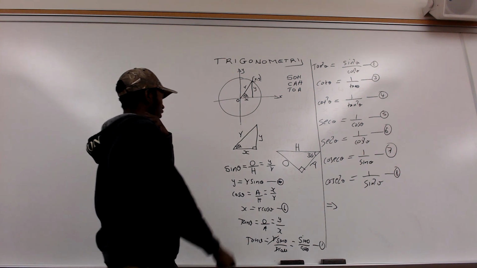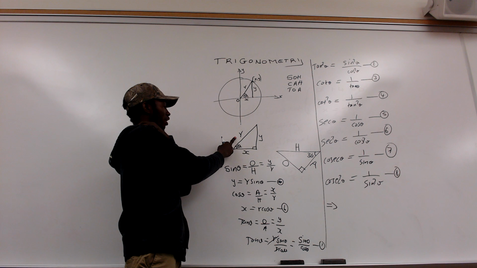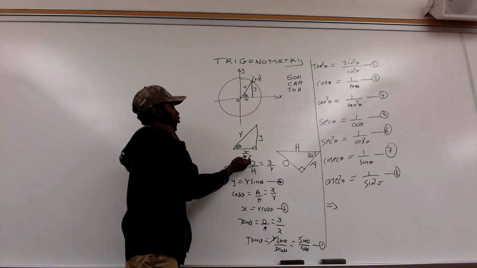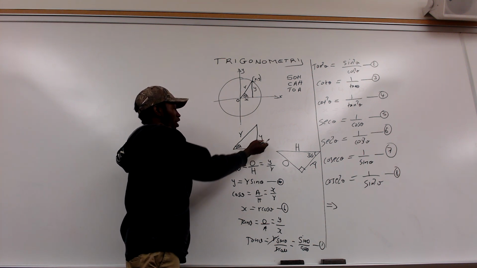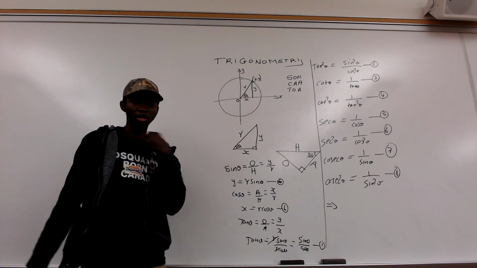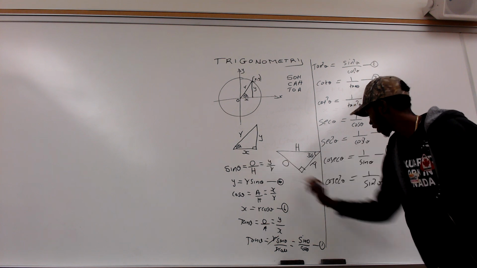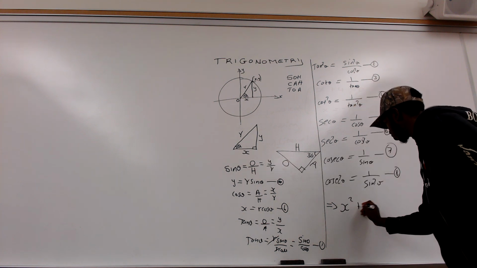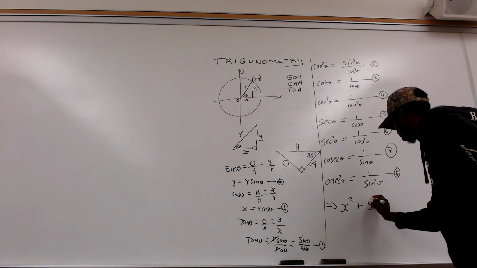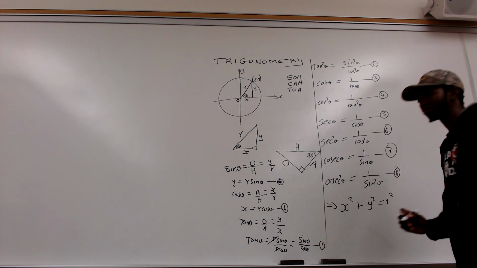So the longest side is R, and the other two sides are X and Y. The sum of the squares of these two sides must give us R square. If we implement that, this is going to be X square plus Y square equals R square.